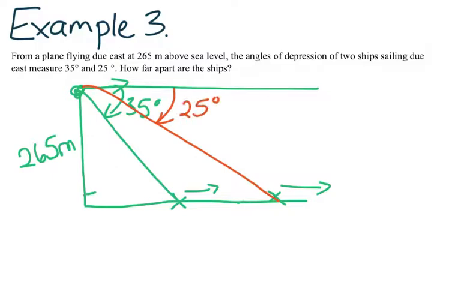Now we do know that this is at a right angle, and you've got a bit of a complicated diagram now, and it's asking you how far apart are the ships. So it's actually this part that we need to know, which becomes a little bit difficult when you've got quite a few triangles here and a lot of information.